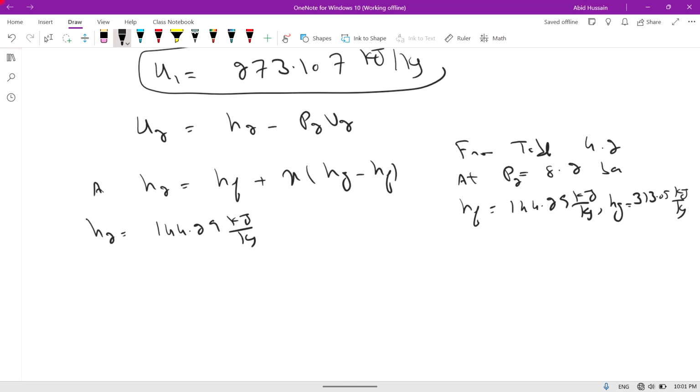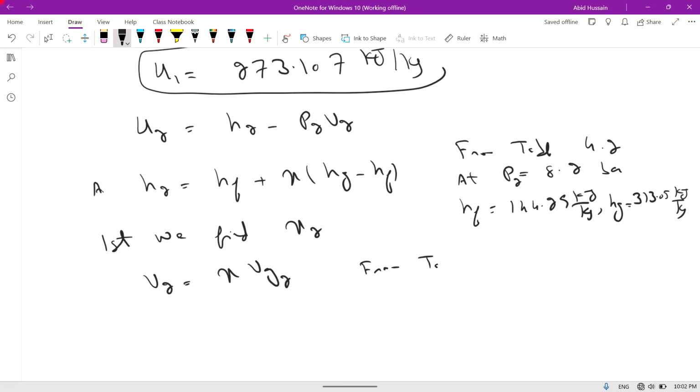plus x. First we find x2. So as v2 is equal to x vg2, from table 4.2, at pressure p2 equal to 8.2, vg is equal to 0.0248 meter cube per kg.